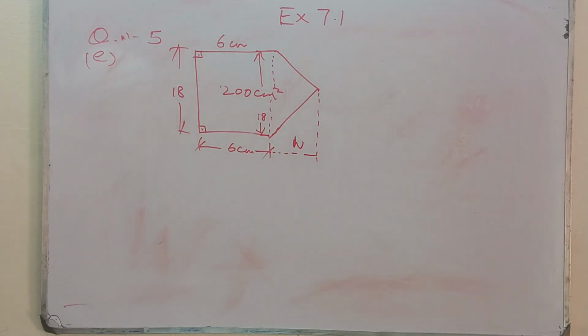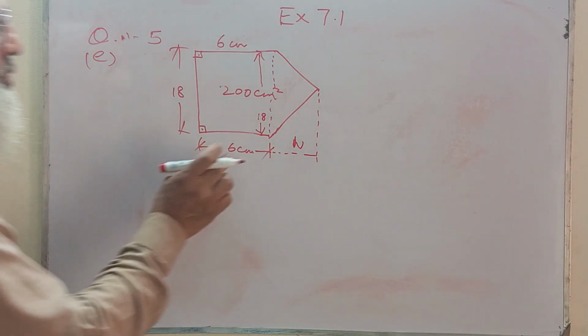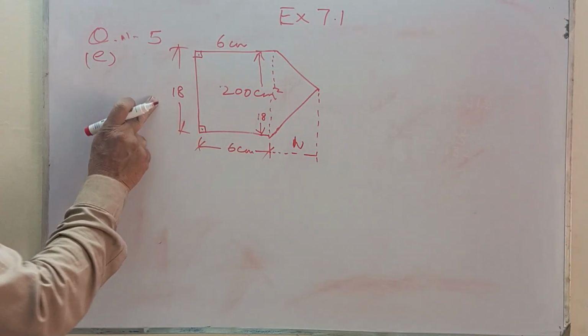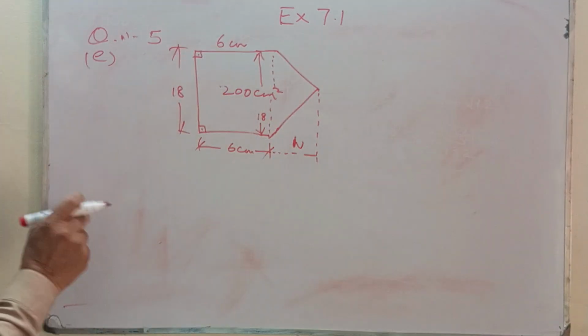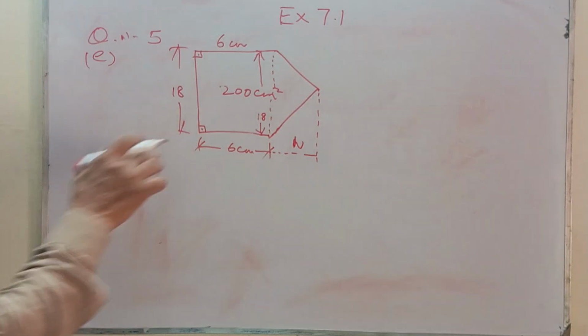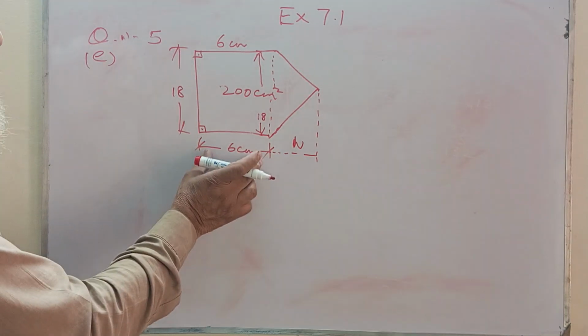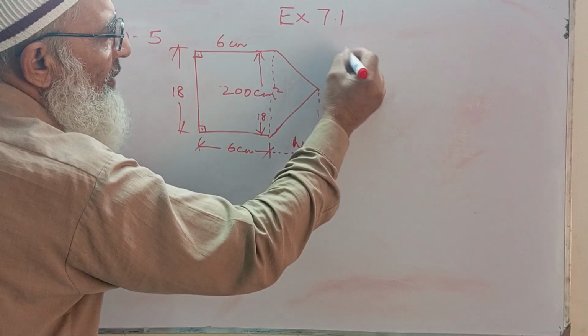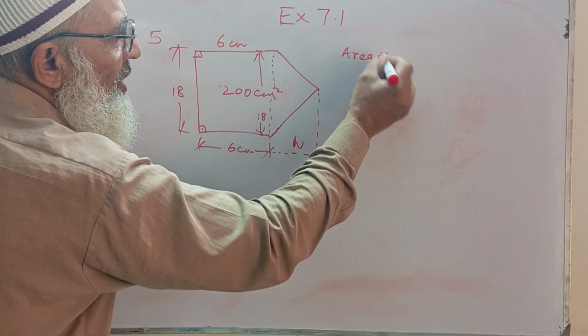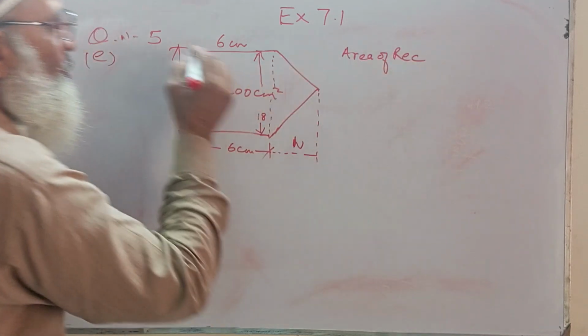There is no other way to find the height. So it is 6, it is 18. The area of the square, or the rectangle, because this is a rectangle. This is 6 centimeter, this is 18 centimeter. This is the area of the rectangle.